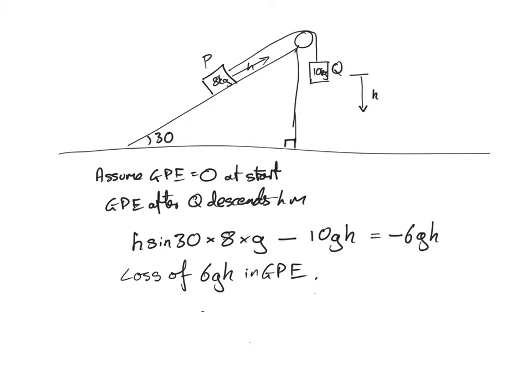Object P makes a smooth contact with the wedge. The system is set in motion with the string taut. Find the speed at which Q hits the floor if, A, the system is released at rest with Q a distance of 1.8 above the floor.